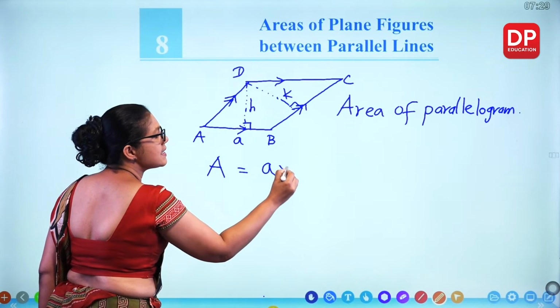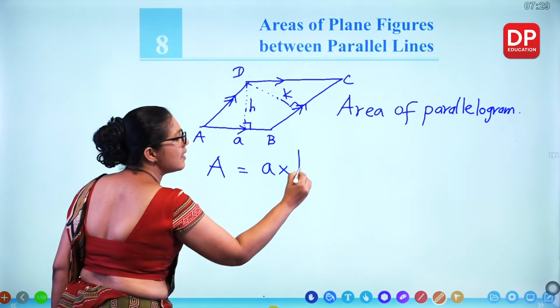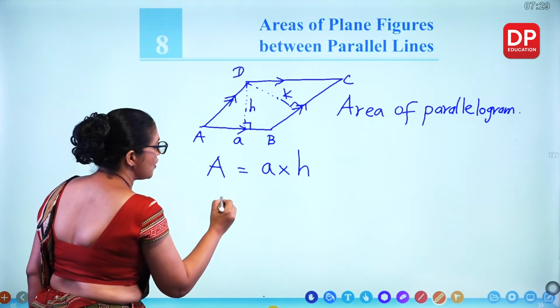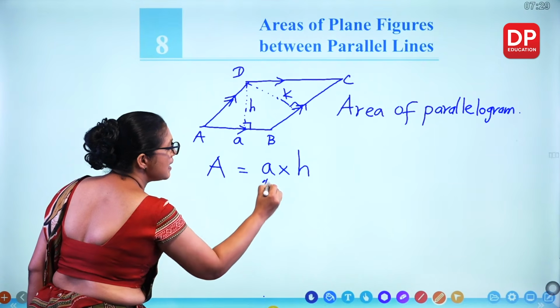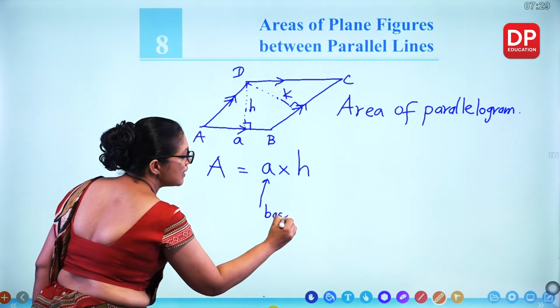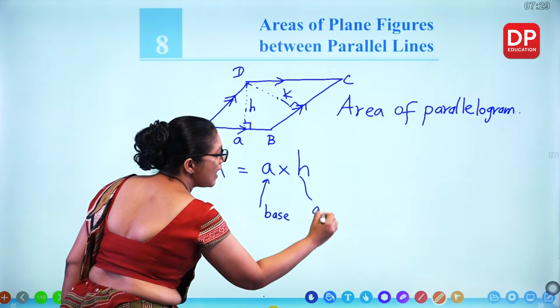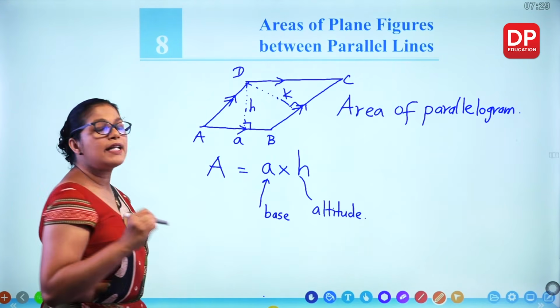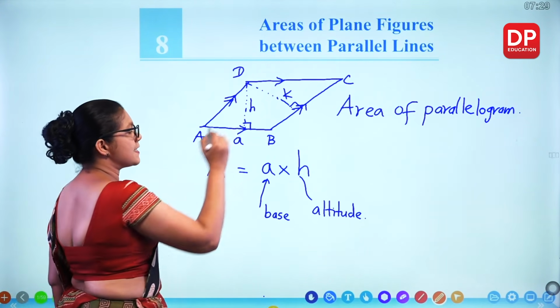Base A times the perpendicular height, H. So A is the base and H is the altitude or perpendicular height to this base.